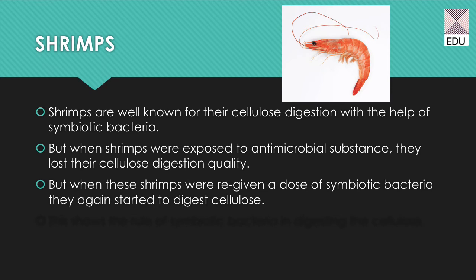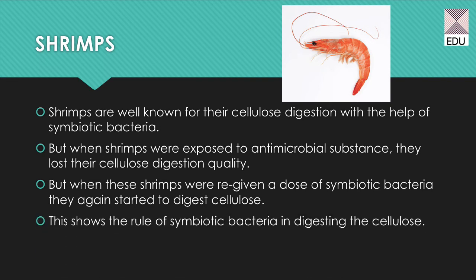So that means the intestine of the shrimps can hold those cellulose digesting bacteria, and the symbiotic bacteria may recover their space inside the intestine of these shrimps. So this shows the role of symbiotic bacteria in digesting the cellulose. So that was the example of shrimps.